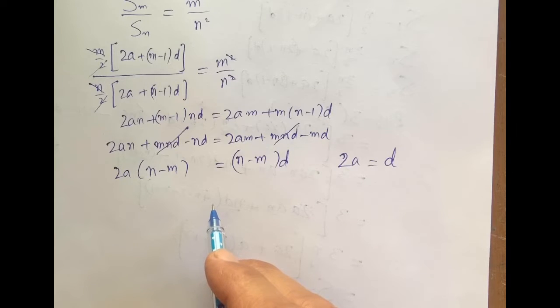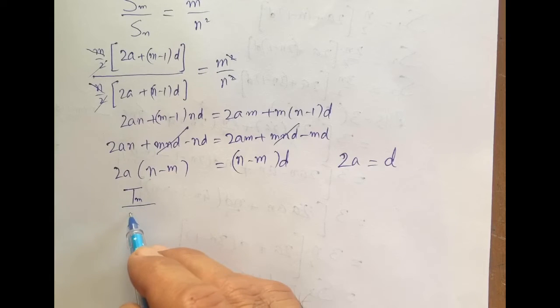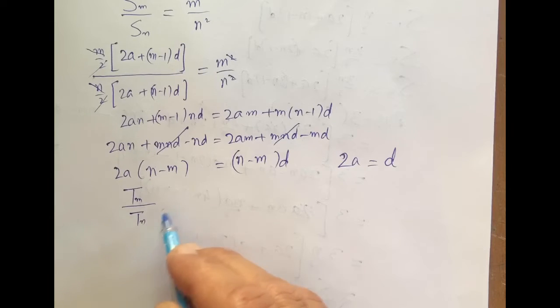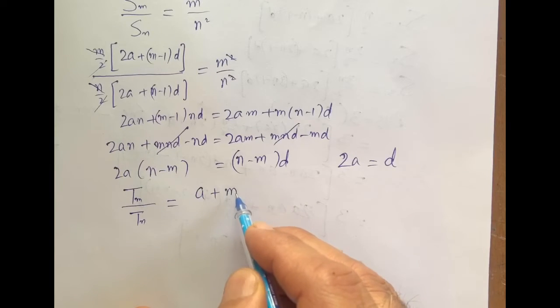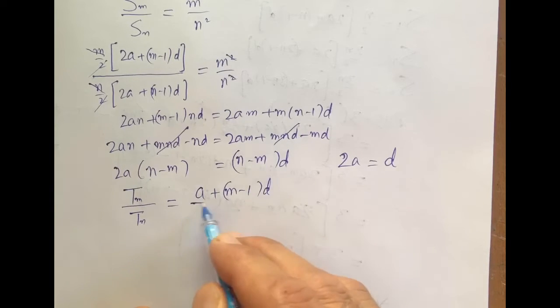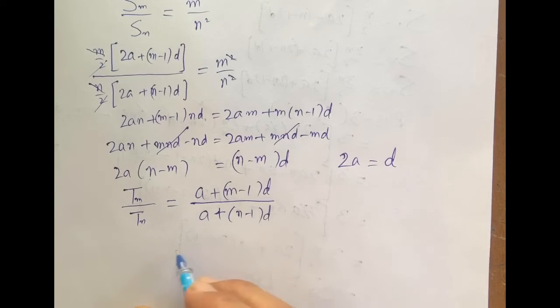Now we have to show the ratio of the mth and nth terms. So we have to prove this upon this. The mth term is a plus (m minus 1) into d, and the nth term is a plus (n minus 1) into d.